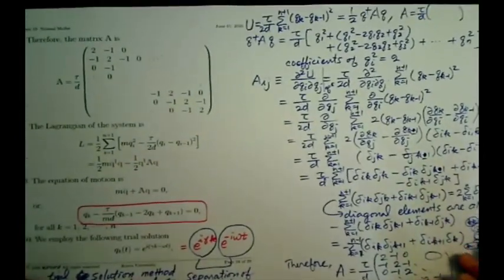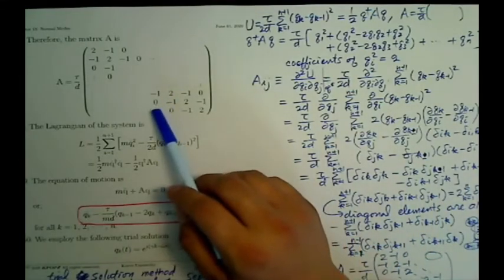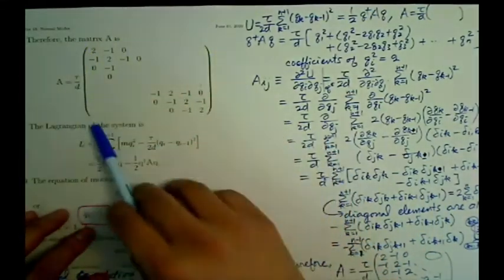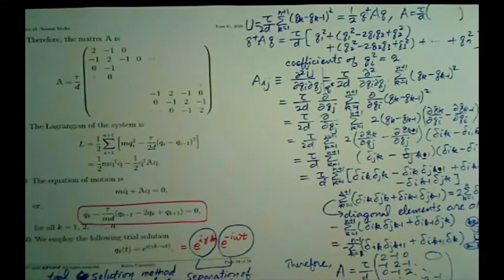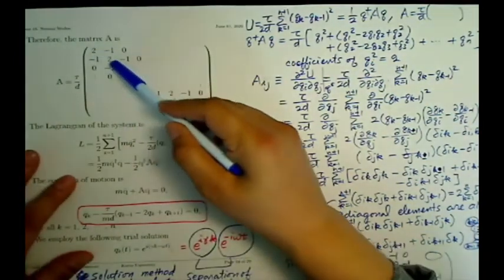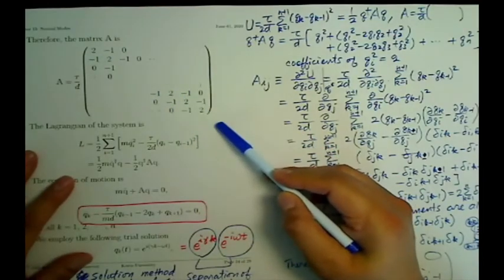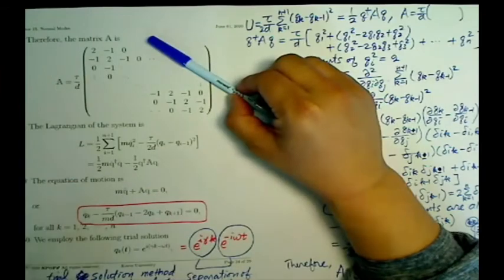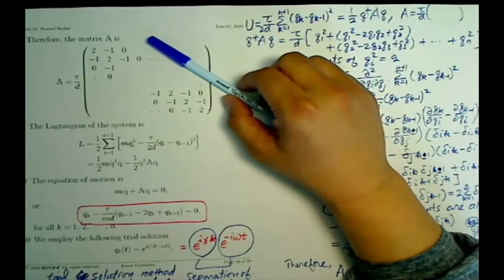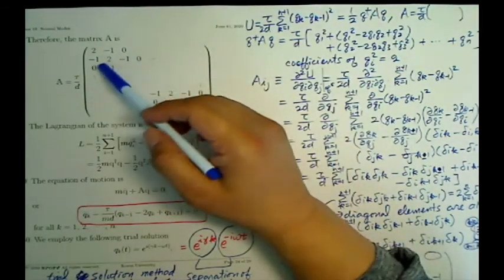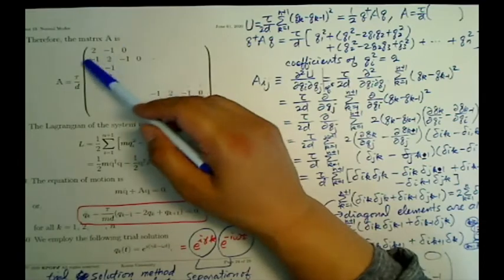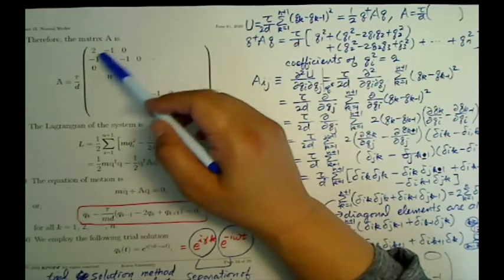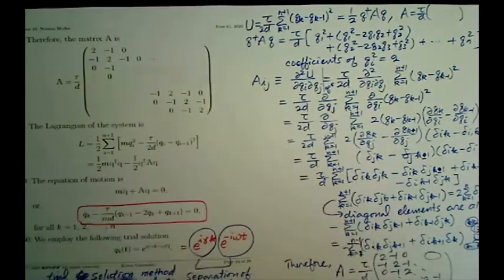The extension of that method will allow us to find the potential energy tensor. All the diagonal pieces are 2, and among the off-diagonal pieces, everything is vanishing except that the two adjacent pieces have interaction with minus 1s.